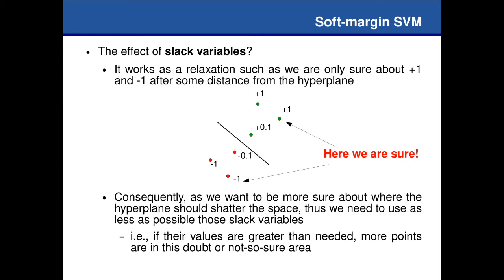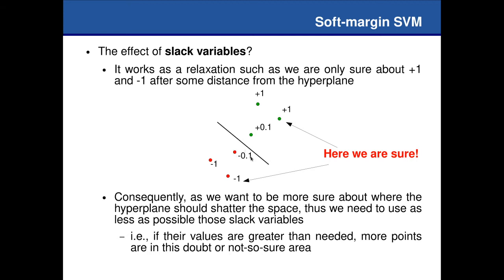Actually, this is just the same as I said before in a different picture. I need to ensure positive 1 for some points at a given limit. Down here, those would be like -1, -2, -3. And some points are really close to the hyperplane, so I'm not that sure.